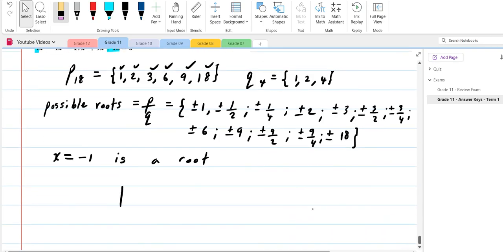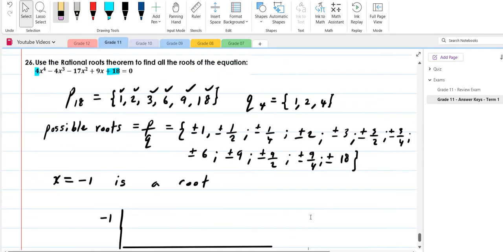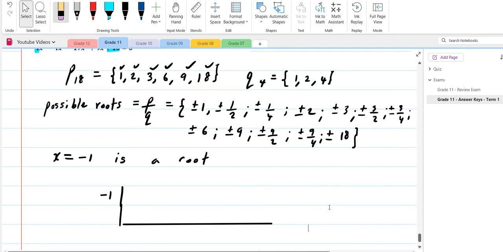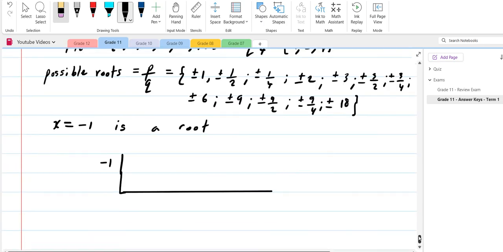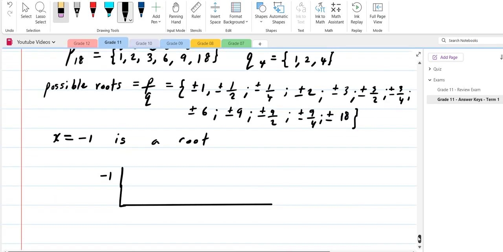So I use synthetic division with -1 here, and put the power 4 function. At least I know I've got a cubic polynomial. I've reduced it there. Then I can just use a calculator and see what other roots I can get from the cubic, because I have a cubic function calculator.